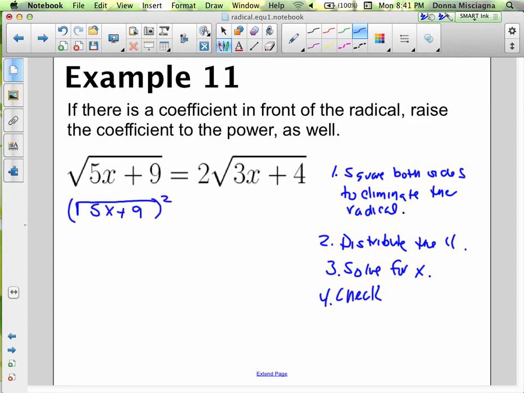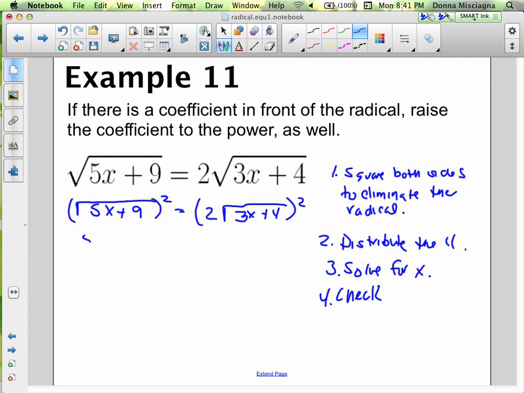We have to square both sides to eliminate the radical. And we're going to square the 2 as well here. We're going to square 2 times the square root of 3x plus 4, so the coefficient will be squared too. We're just raising the 2 to a power, and we can do that when we have a product, not a sum or difference.